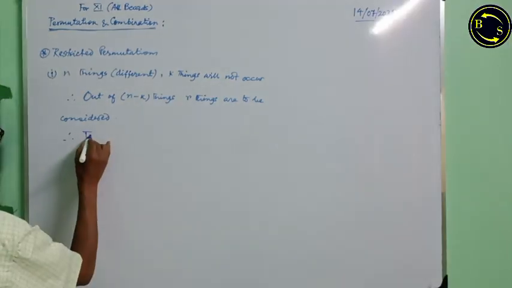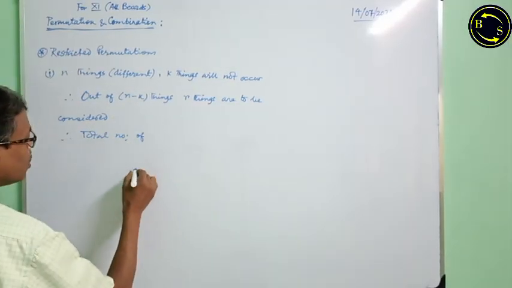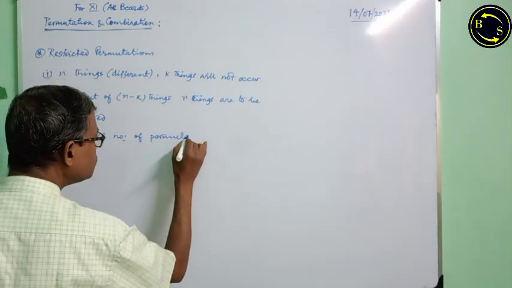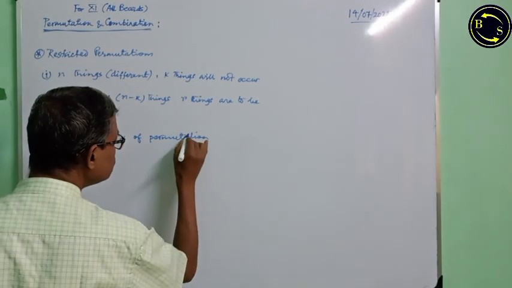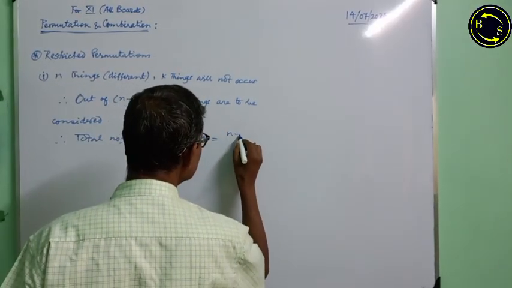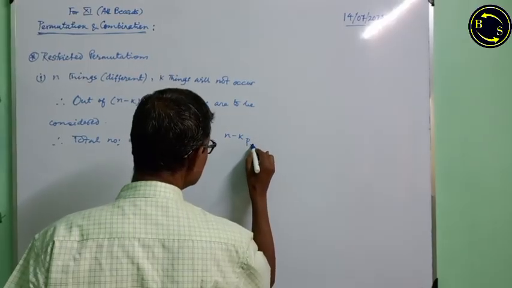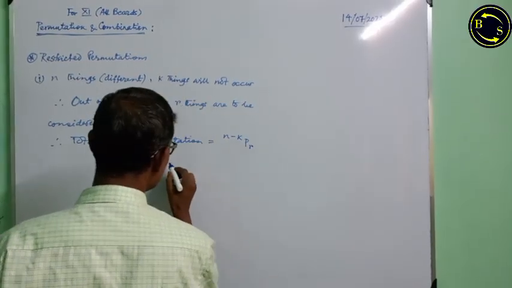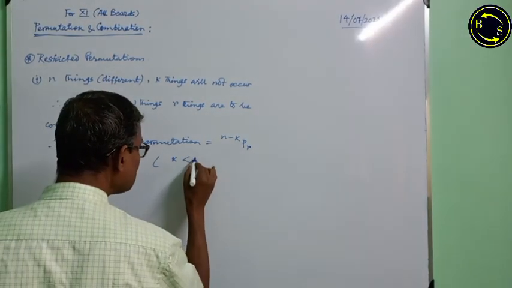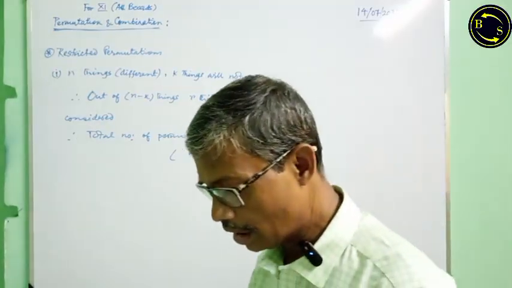Therefore, the total number of permutations is given here. Of course, k is less than r.